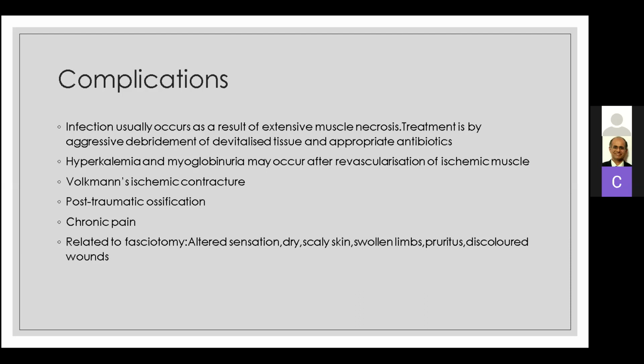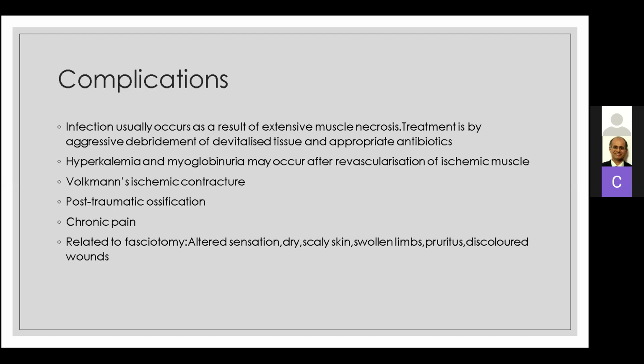Other complications are hyperkalemia and myoglobinuria, which occur after revascularization of the ischemic muscle. This might also cause renal failure in some patients. So it's important that you make sure to monitor these patients post-op.